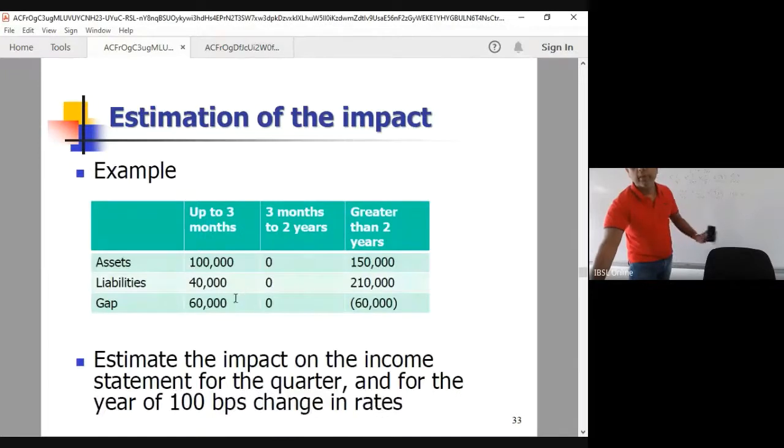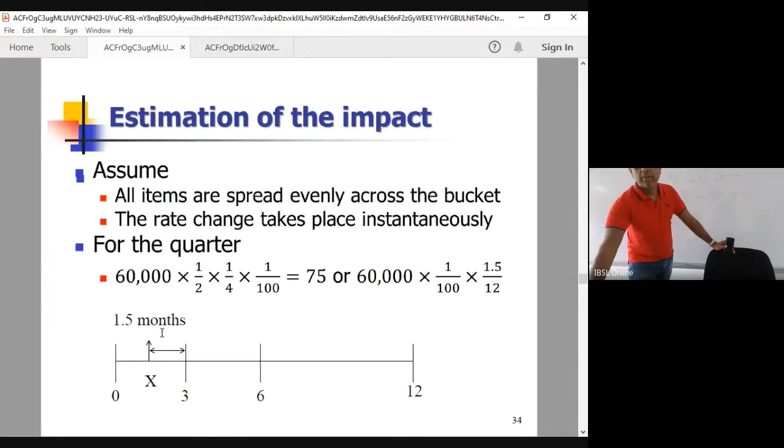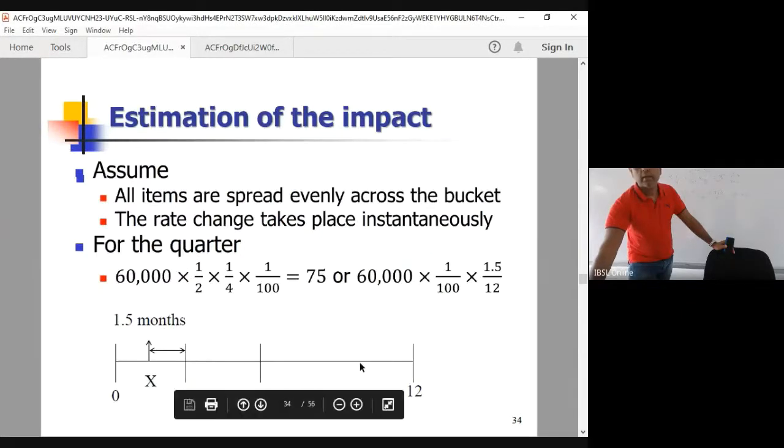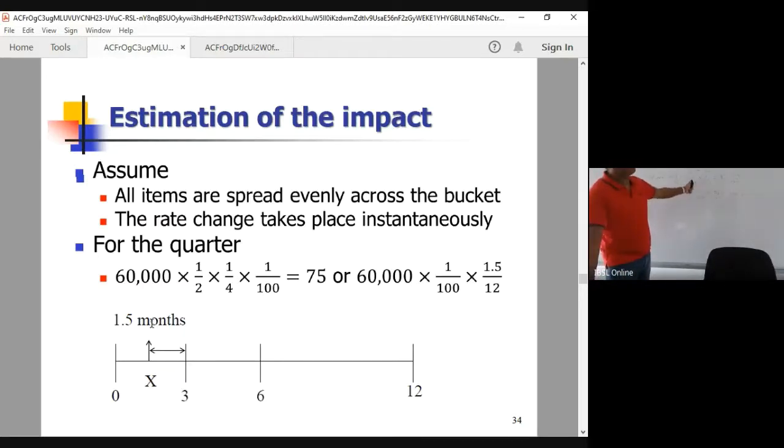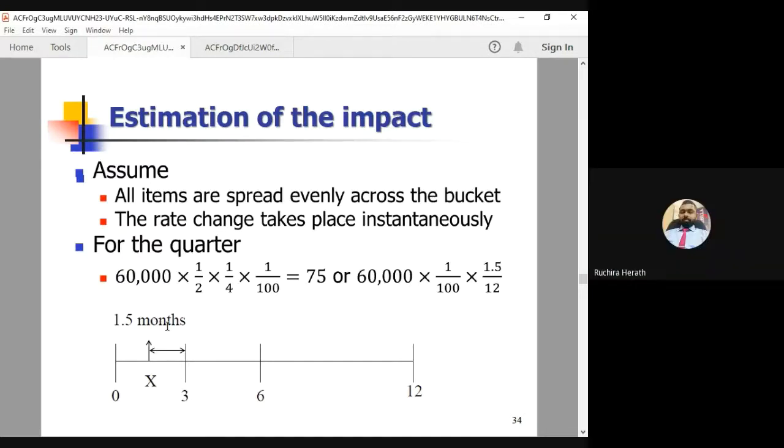So you're assuming that this 60,000 that you have is going to continue for the remaining 1 year. Now, you've already calculated for 75, which is basically half of this period. That means you have not calculated for the remaining 10.5 months, because this is effectively for half of 3 months, which is 1.5 months. This is calculating for the remaining.